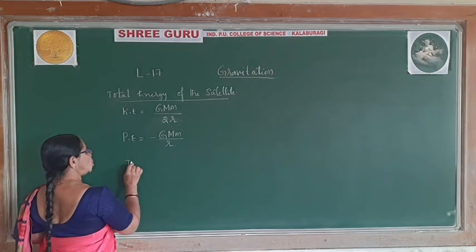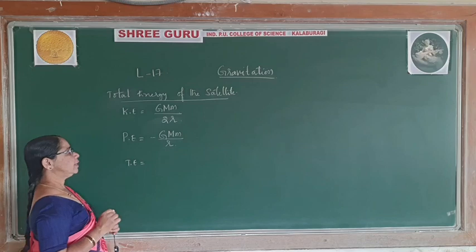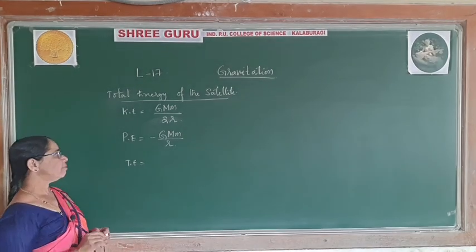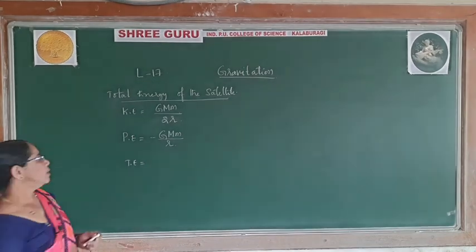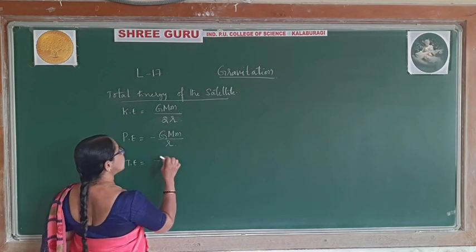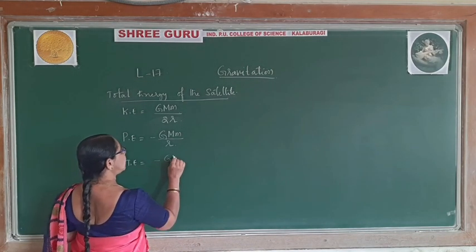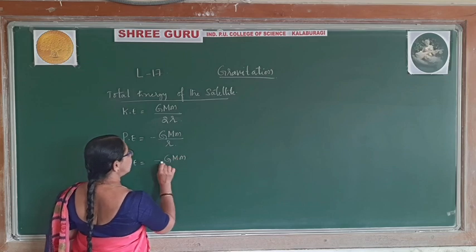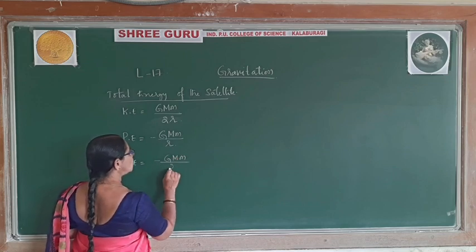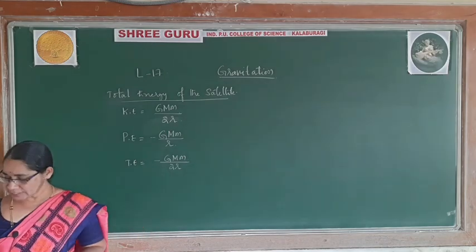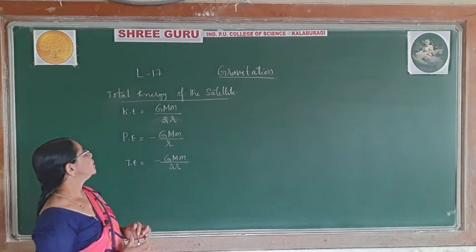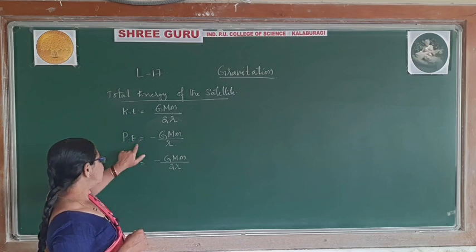What is the total energy expression? The total energy is again negative. It is nothing but total energy is equal to minus capital G capital M small m divided by 2r.